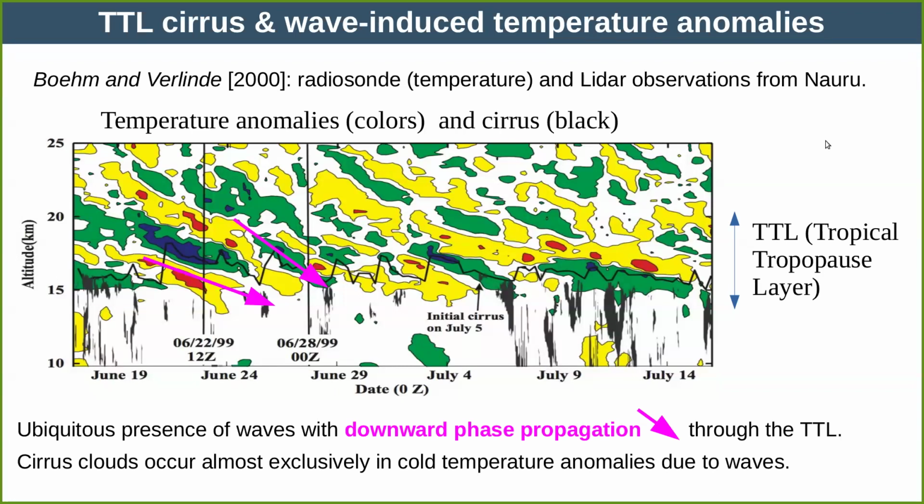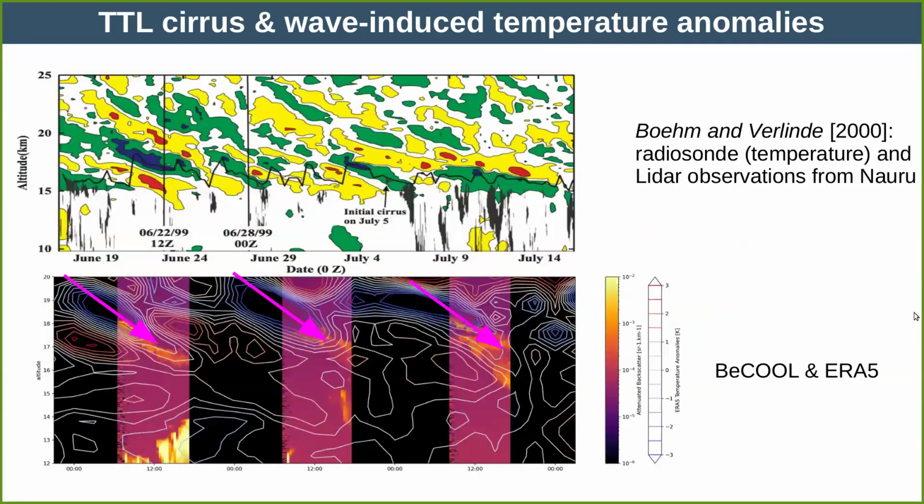And actually, there is an ubiquitous presence of waves with downward phase propagation through the TTL, as depicted by those arrows here. And cirrus clouds occur almost exclusively in cold temperature anomalies due to waves. This relationship can also be seen in a BCool curtain with superimposed ERA5 temperature anomaly.